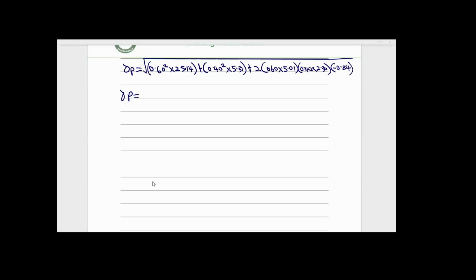What do you get? 9.0504. Plus the next one, 0.4 squared multiplied by 5.31, which is 0.8496.